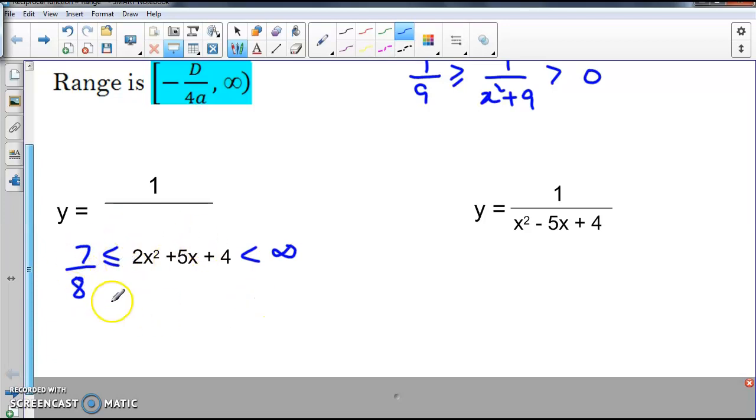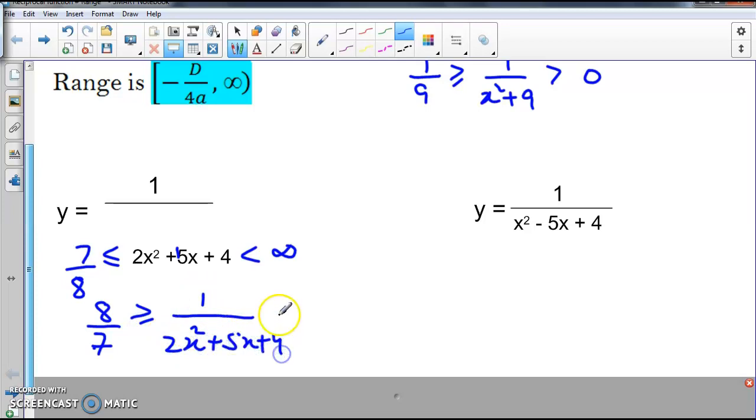Again, all the values of this range are positive. So taking reciprocals, we get 8 upon 7 greater than or equal to 1 upon 2x square plus 5x plus 4, greater than 0.